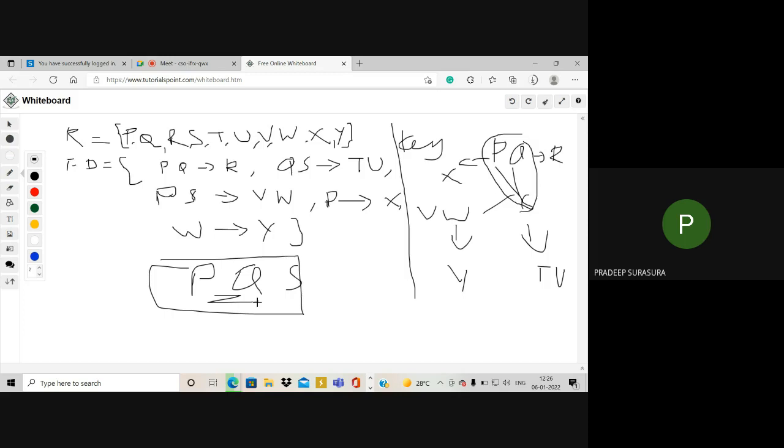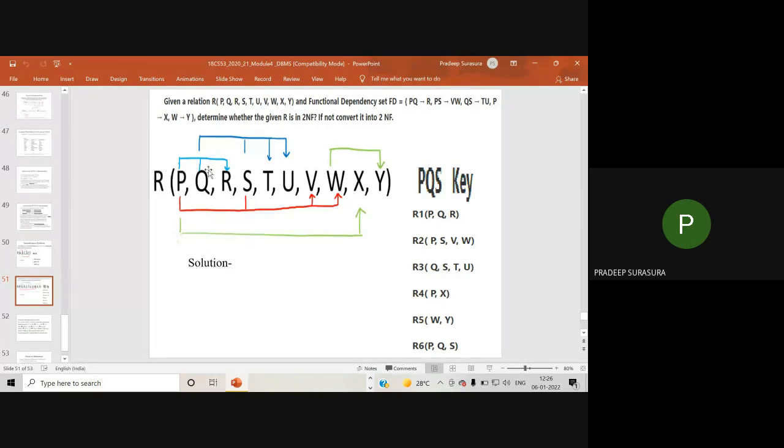PQ determines R, so R is dependent on PQ but not on S. Similarly, QS determines TU, but TU is dependent on QS and not on P. Similarly, VW are dependent on PS, not on Q. And P is determines X, and forget about W determines Y. See here the key is PQS.